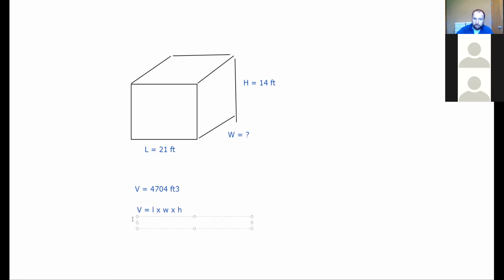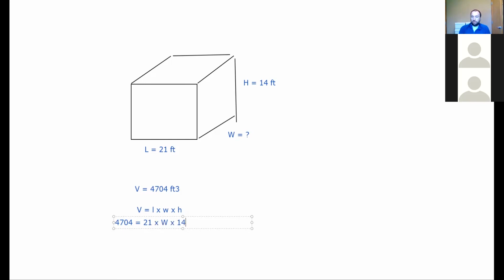So if I make a problem that looks like this, 4,704 is equal to, that's my volume, I've just taken this and plugged it in for V. Okay, we know the length. The length is 21. So 4,704 is going to be equal to 21 times whatever our width is, times our height, which is 14.